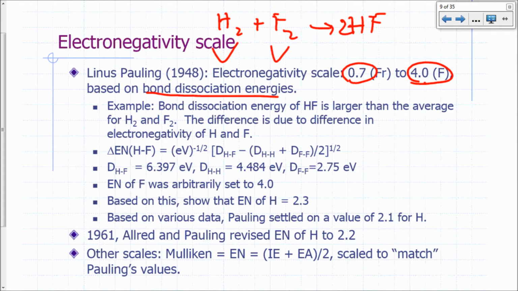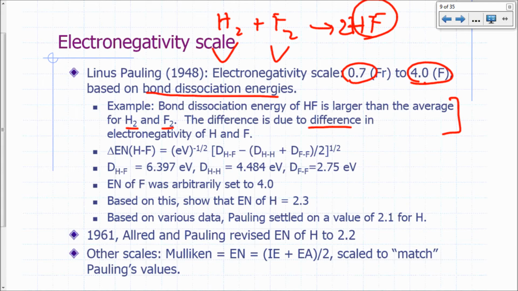The average of the energy needed to break the H2 and the F2 bond, it turns out is less than the energy needed to break the 2HF bonds, okay? So the difference, he attributed that difference, okay, to what we would call the ionic character of the HF bond. And so that, in a way, gives you a way of quantifying the concept of electronegativity.